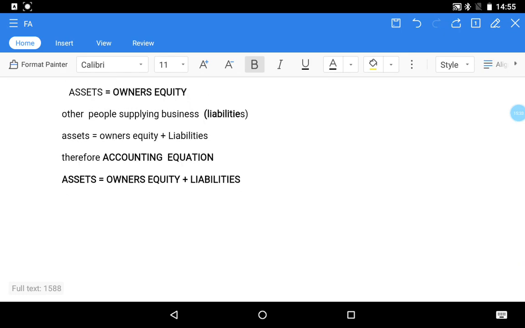So this is our accounting equation. Our accounting equation is assets is equal to owner's equity plus liabilities.